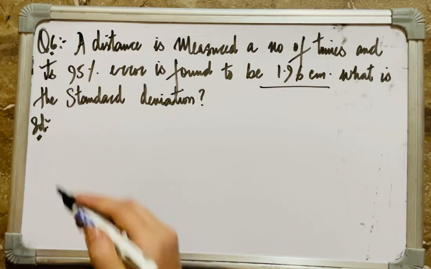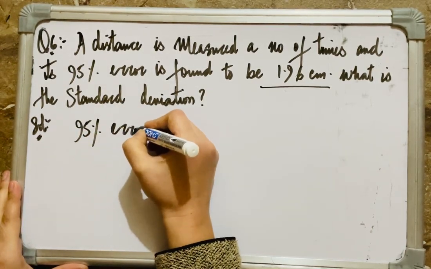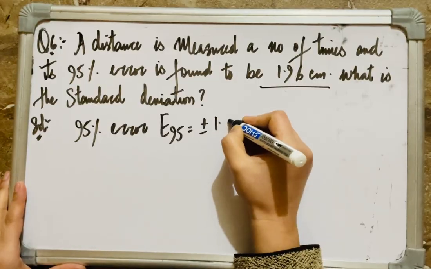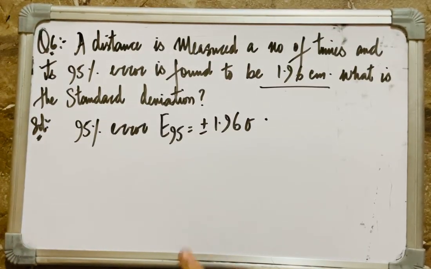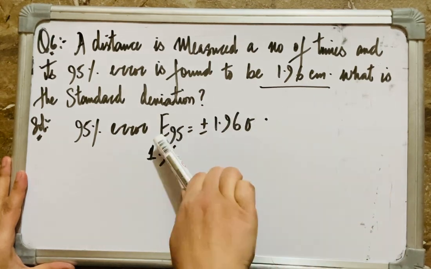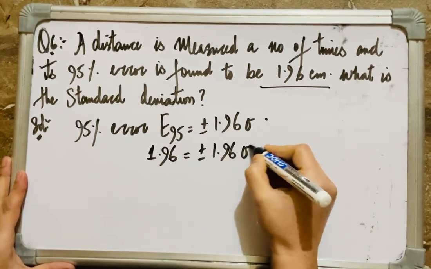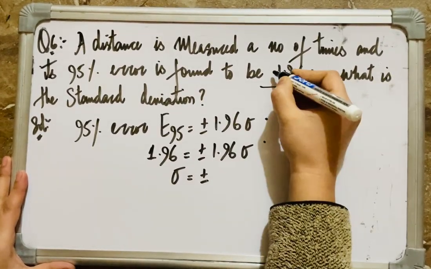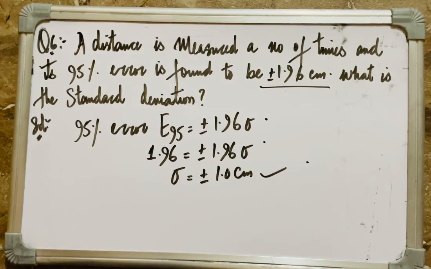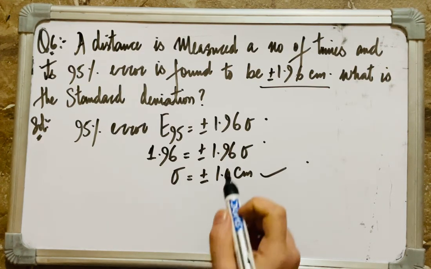We know that the 95% error, also expressed as E95, is equal to plus minus 1.96 times sigma.